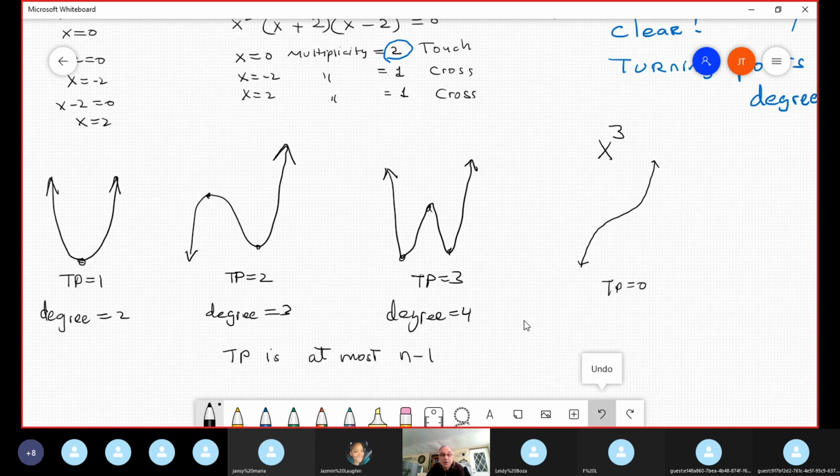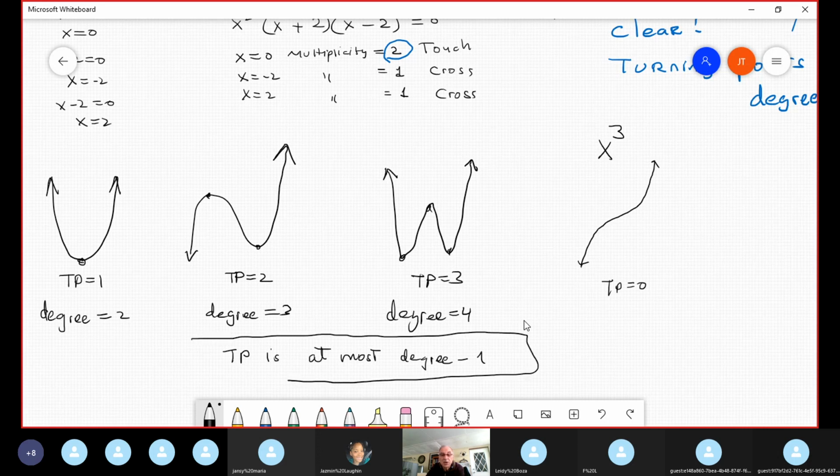Okay, degree minus 1. Let me write it in a more proper way. The degree minus 1. Okay, so this is not super general. It is a clue that gives me information. So if you have degree 3, the maximum value of the turning points is 2.